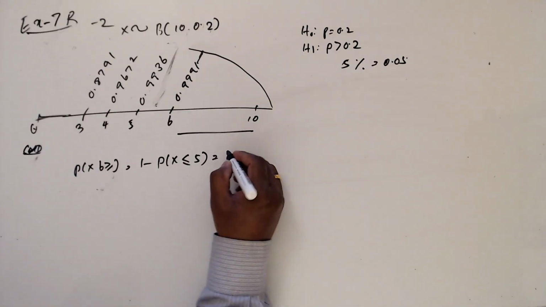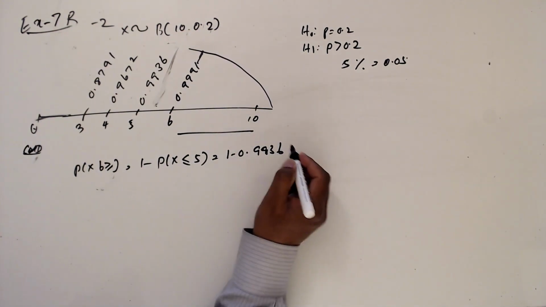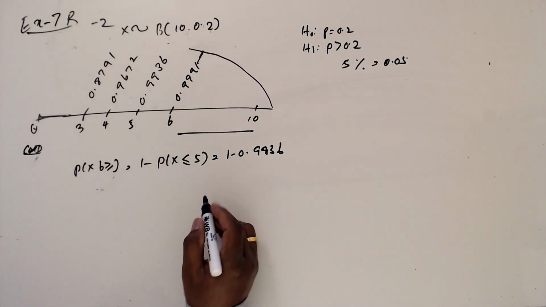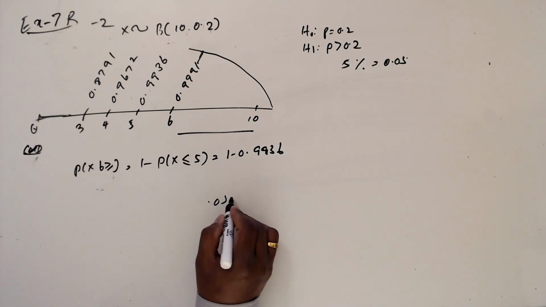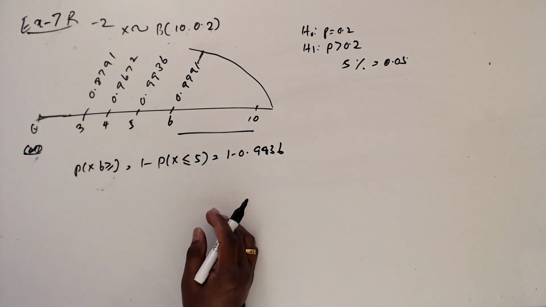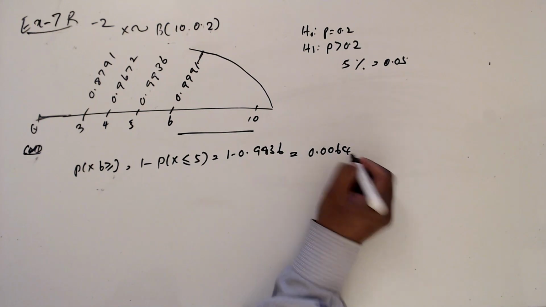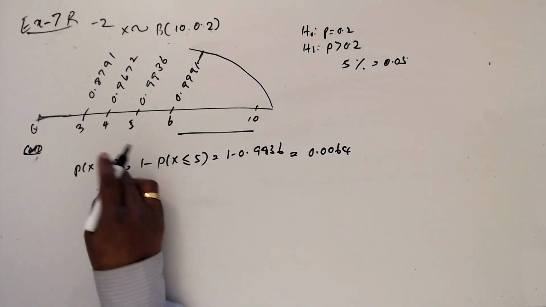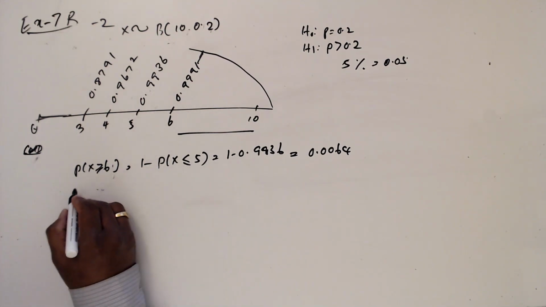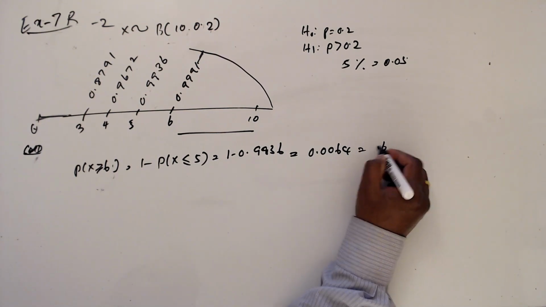So that is going to be 1 minus 0.9936. I look at the table and pick up these values because I need a value close to 0.05. So 1 minus that equals 0.0064, and this is for x greater than or equal to 6. As a percentage, that is 0.64%.